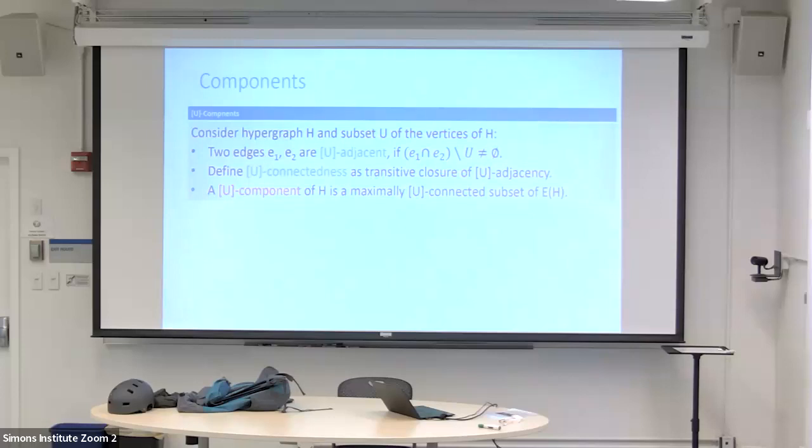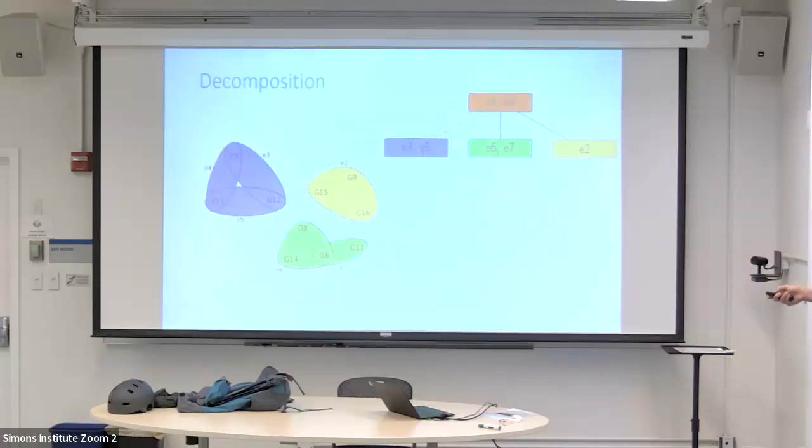Then U-connected is the transitive closure of that, and a U-component is a maximal set of edges which are U-connected. Does that make sense? I think here it is very intuitive. We see immediately these are components after cutting out the variables from the edges E1 and E8.